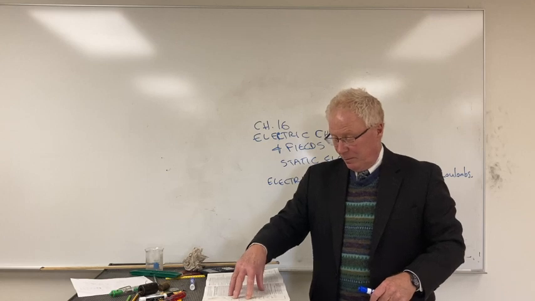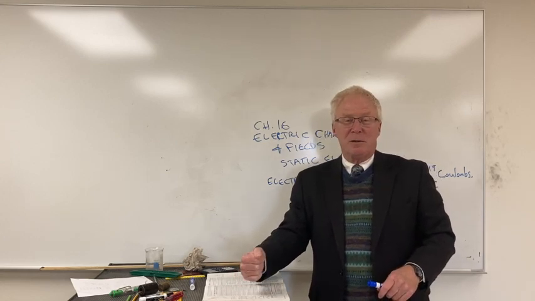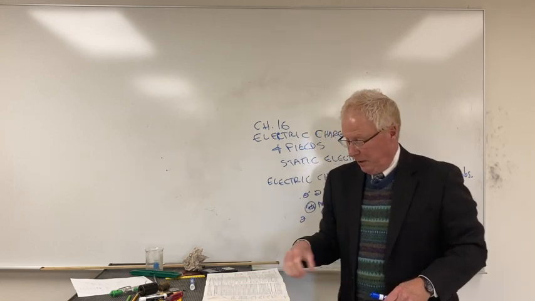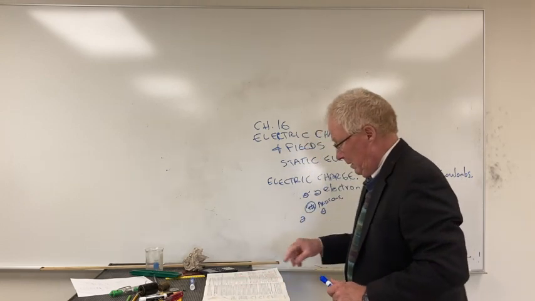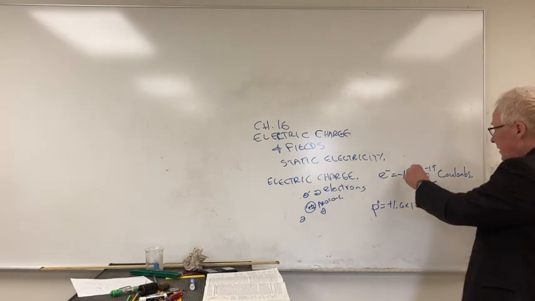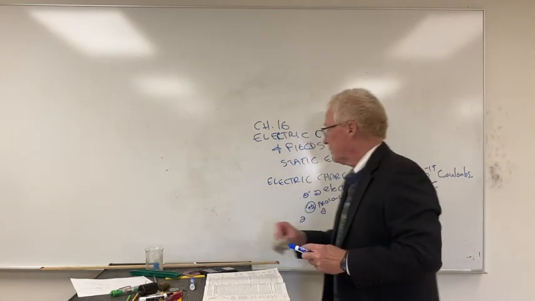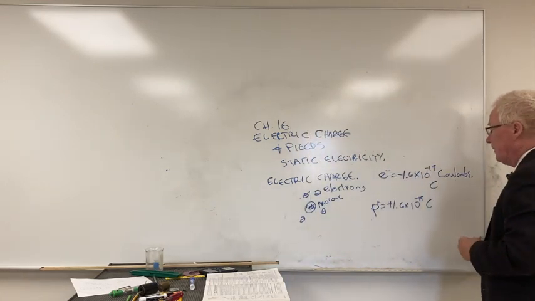This is mostly made up of empty space, but it's the electric charge that causes it to repel. So that's the first part. We'll be using these numbers quite a bit in this semester. All right, so leave that up for a minute.